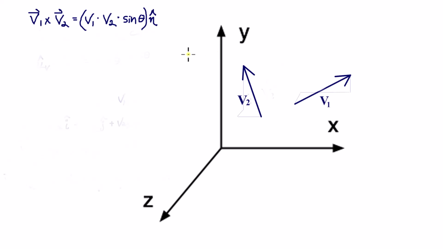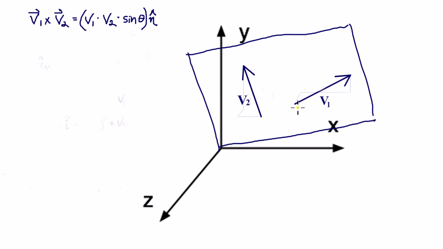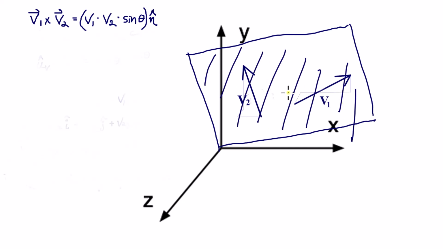Because if you think about it, these two vectors are in a plane here, there's a plane that contains these two vectors, and there's two normals. There's a normal that comes this way, and there's a normal that goes kind of into the page, underneath the plane. There's a normal that comes above the plane. So there's two normals. So we're going to need to know how to choose which normal, right?